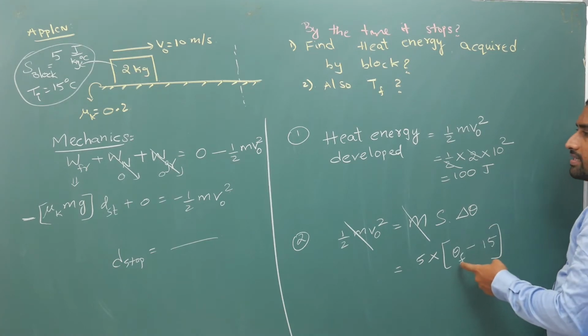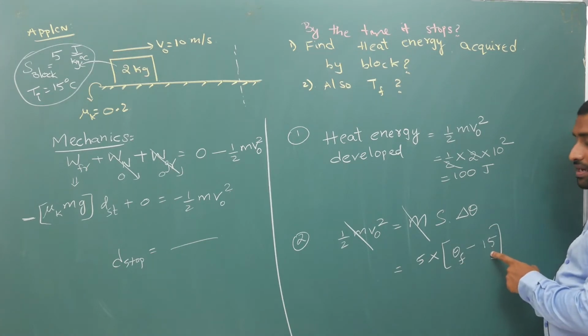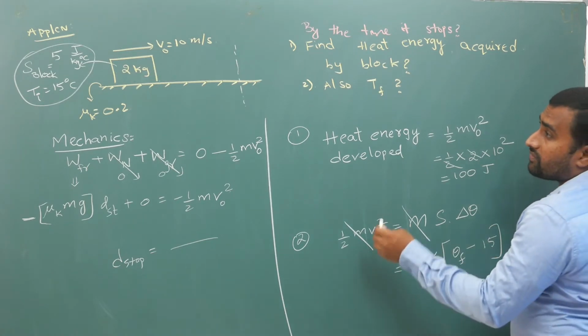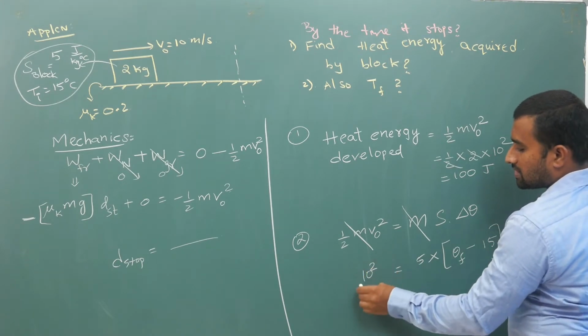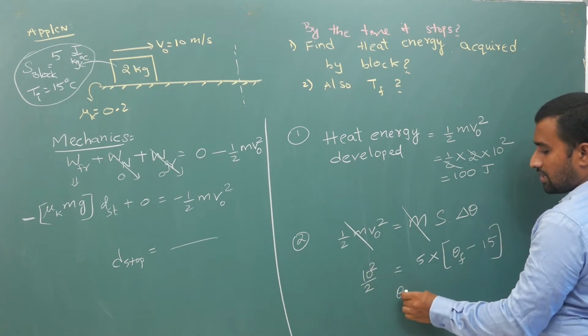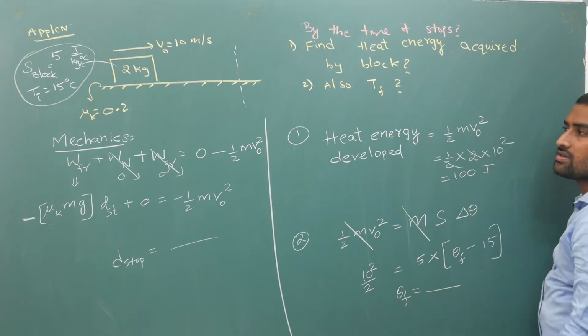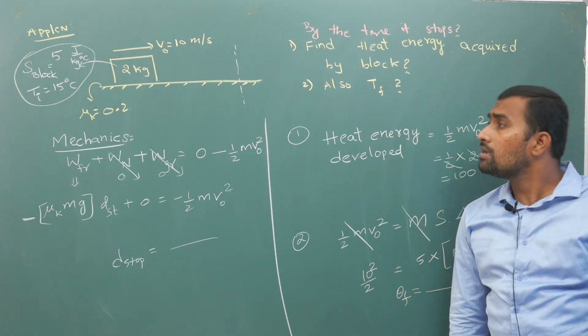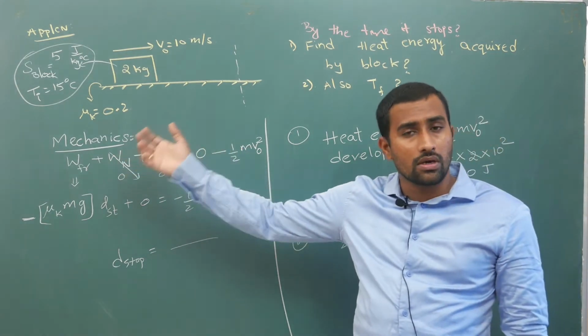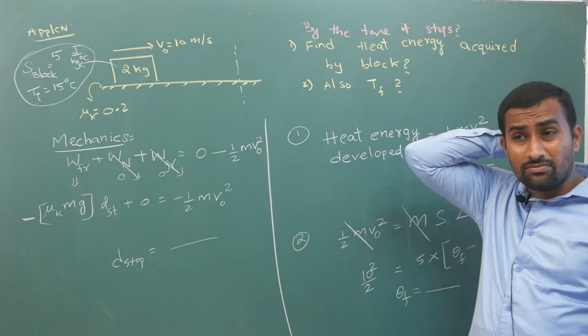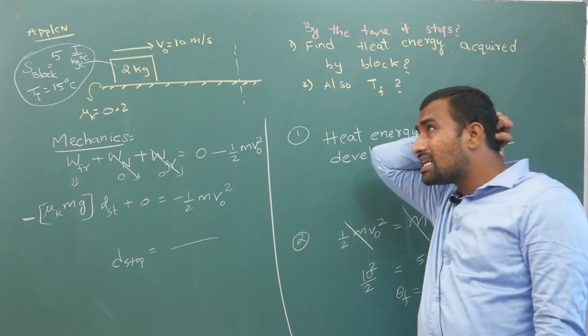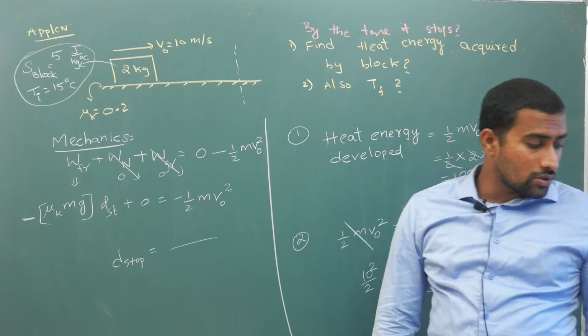You will get the answer in degree centigrade because you are taking it in degree centigrade. From here v naught square becomes 10 square by 2. You will get the final temperature if you simplify. Like this you have to solve the question. Simple questions he will relate, and you must be able to do it.